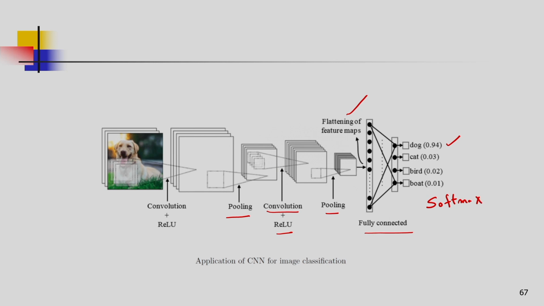So this is an activation function that scales numbers into probabilities. So I am getting the probabilities. The probability of dog is 0.94, the probability of cat is 0.03, like this. So this is one application of CNN for image classification.